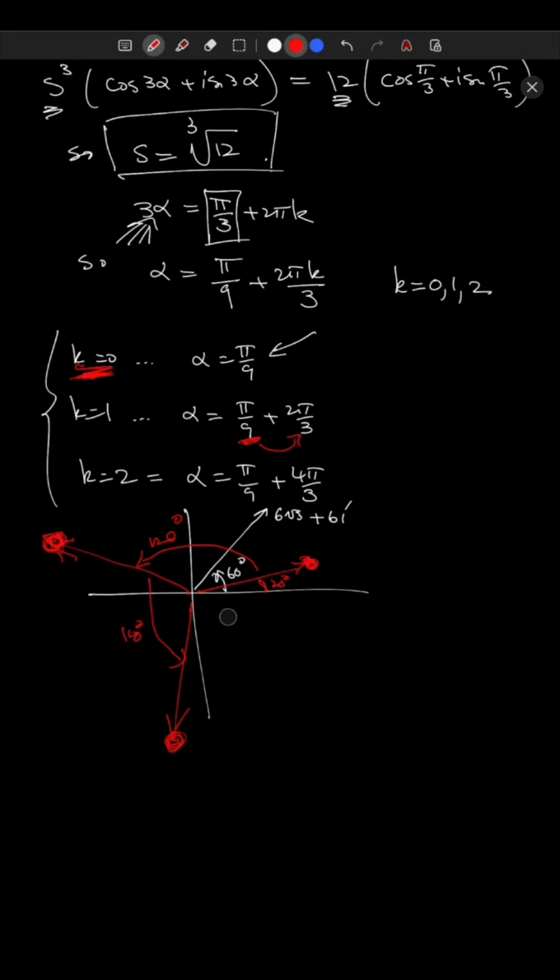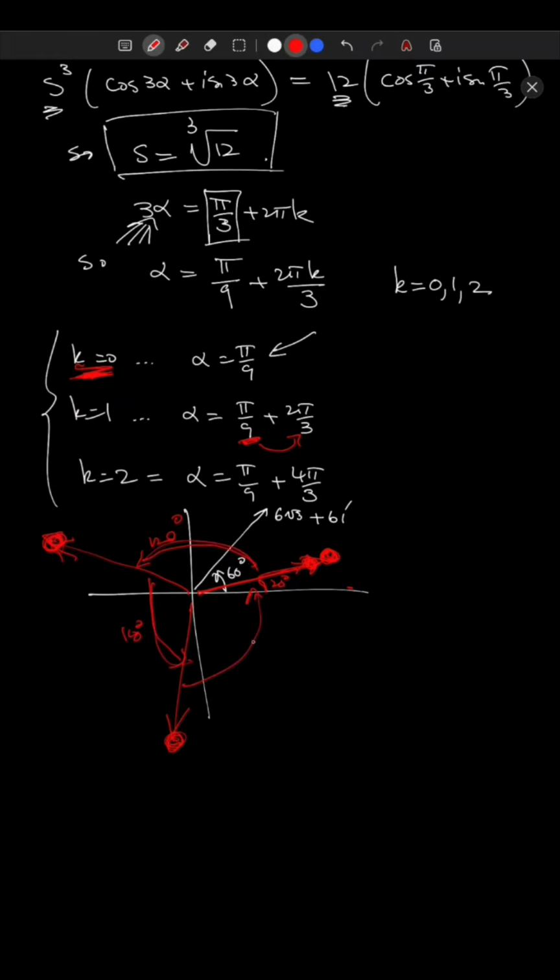So what happens is I still have the same kind of symmetry that I saw before with the roots of unity, except the symmetry is slightly skewed. I'm starting here instead of on the x-axis, but once I start here, I go 120, 120, and then 120.